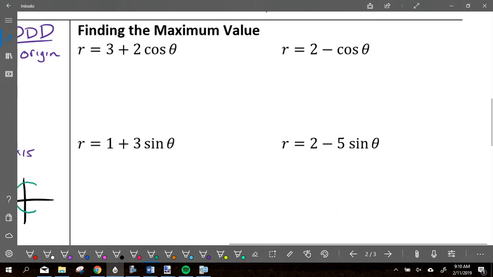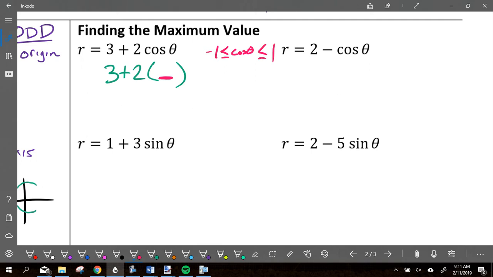Let's find the maximum value. So again, this is what we did in Bellwork. A quick reminder of what we did in Bellwork. 3 plus 2 cosine theta. It's 3 plus 2 times something. I want to think about what number could go right here to make this as big as possible. Remember, Grant said that sine or cosine is going to live in the world of -1 to 1.